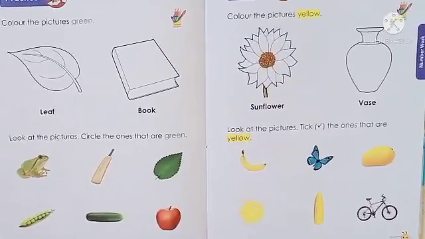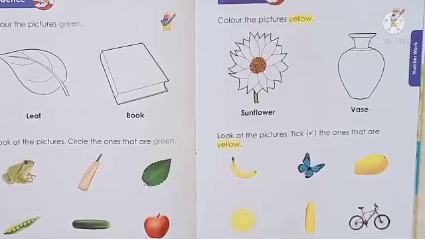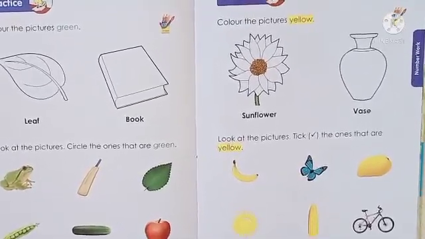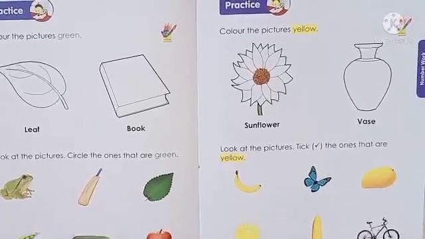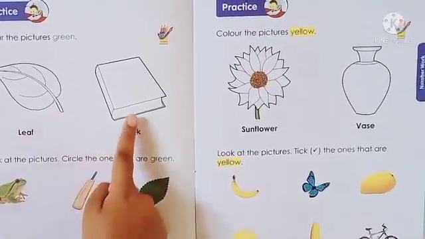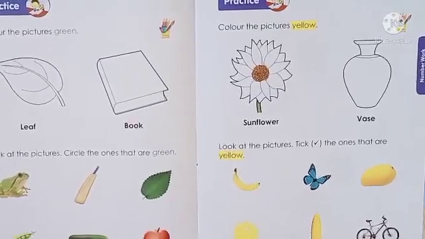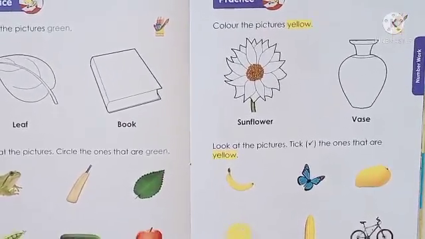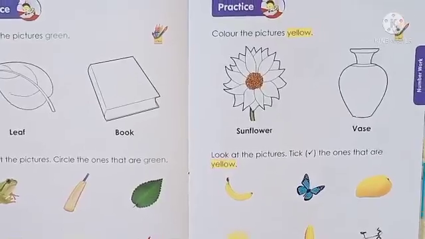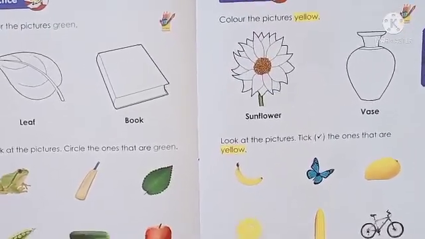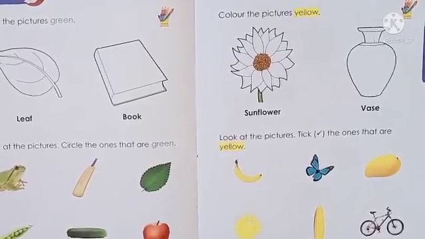Children, let's start with the activities of color green. So the first activity says that we need to color two images shown in the book with green in color. First is the leaf and second is the book. So shall we first color the leaf in green?